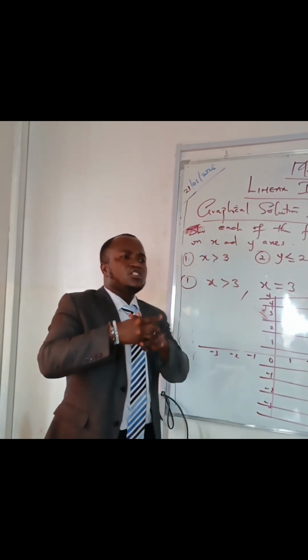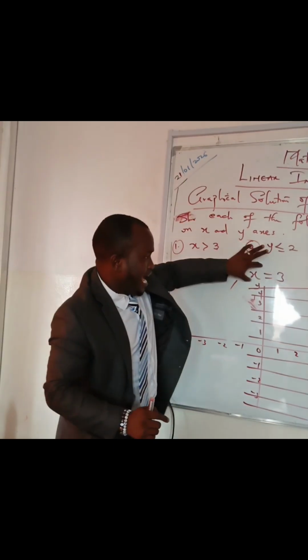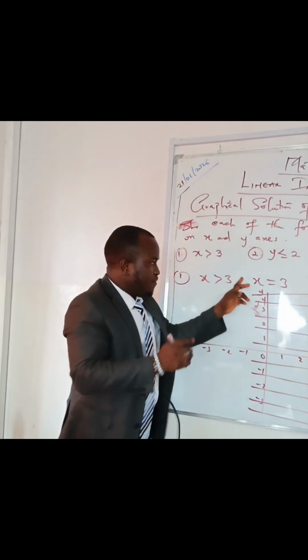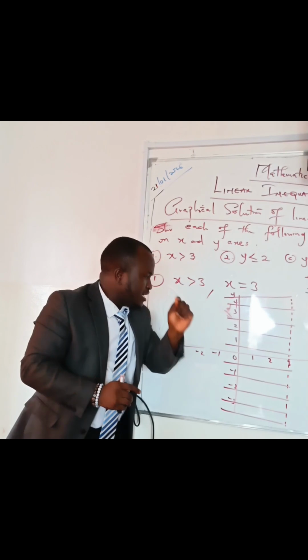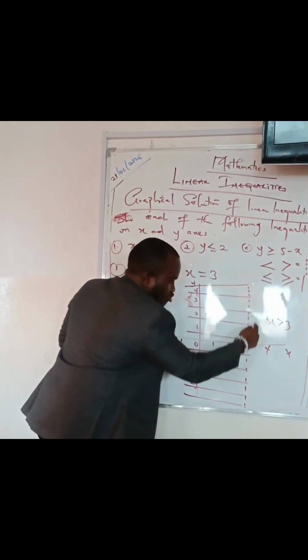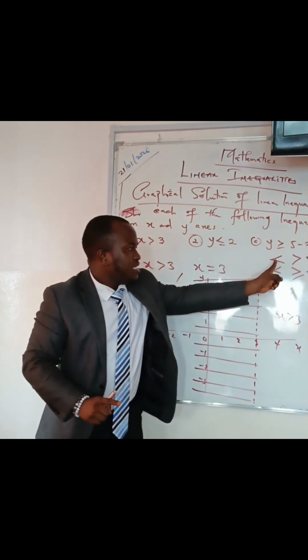Now, one of the things you need to take note of under inequality: we are plotting x equals 3. We have not even started x greater than 3. So if x equals 3, you want to draw the line. Before you can draw this line, look at the sign.